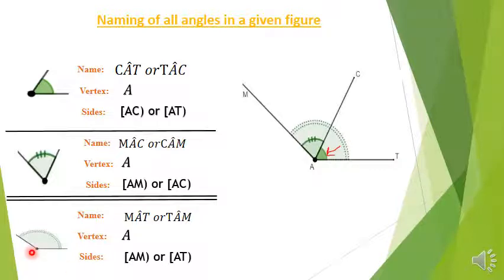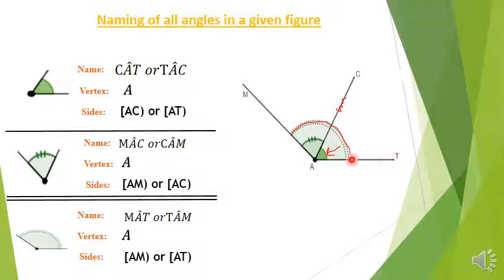Now let's name the big angle, which is this one. So the big angle has a vertex A. Its sides are AM and AT.